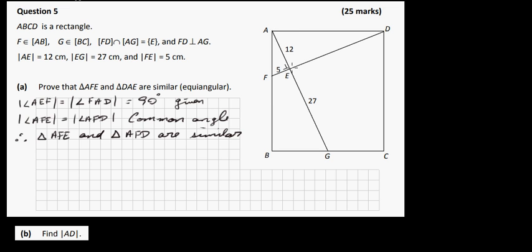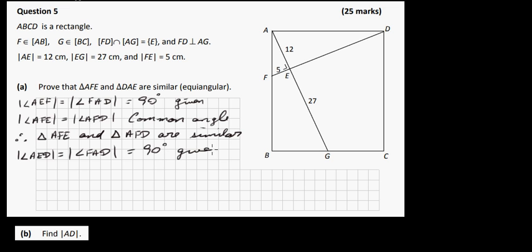Now we're going to take this triangle here, AED, and show that it's also similar to the big triangle. So we can say that angle AED is equal to FAD. So AED, this angle here, is equal to this angle here in the big triangle, FAD, equal to 90 degrees.